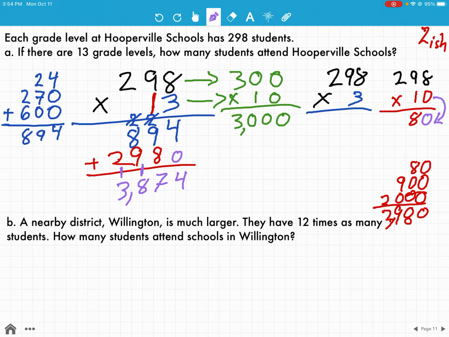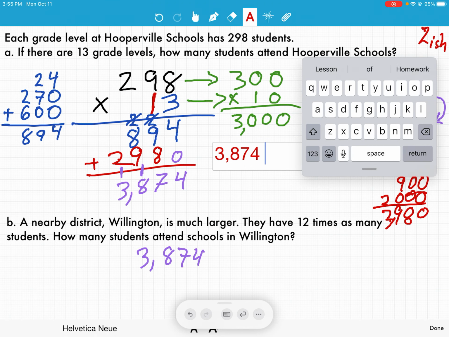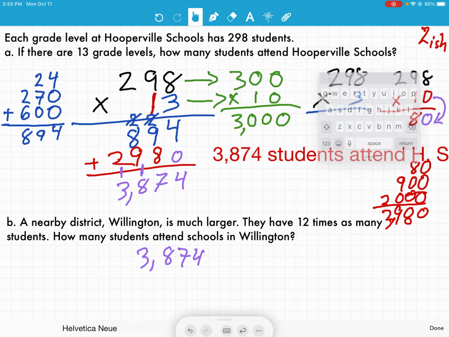We're actually going to multiply here our 3,874. Oops, I forgot to write my statement. And I'm just going to shorten it in the interest of time.